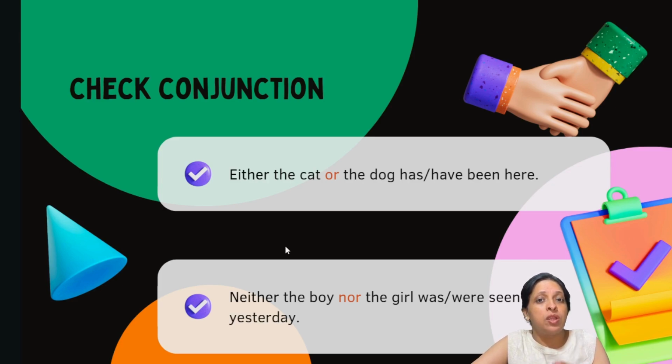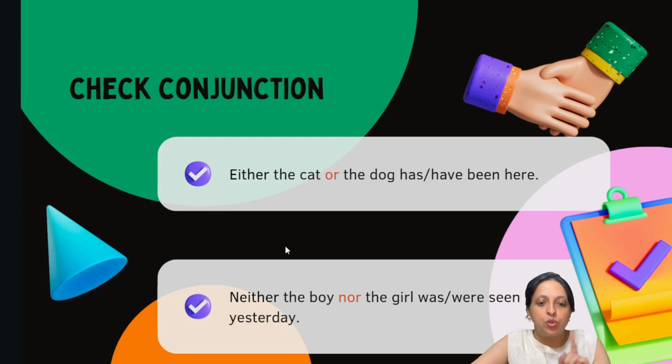But I am talking about them individually. I'm not talking about them together. I'm saying neither the boy nor the girl. That means none of them. Okay. So neither the boy taken singularly nor the girl.